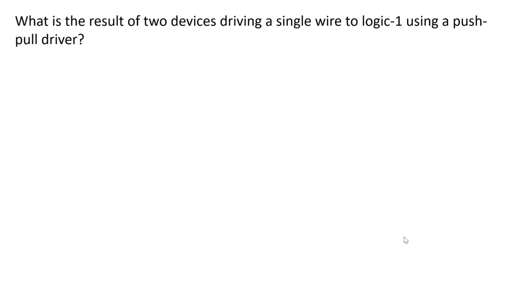What is the result of two devices driving a single wire to logic 1 using a push-pull? Well, in the case of push-pull, you don't want to have multiple devices with push-pull on one wire. But if you did have two driving a push-pull, then it's good to have them both setting to logic 1, because basically that'll be fine.